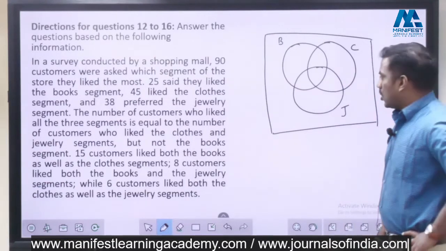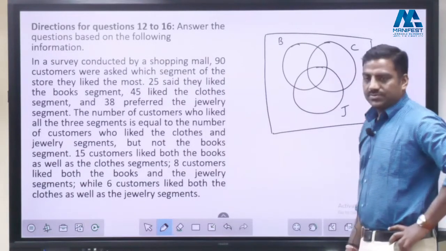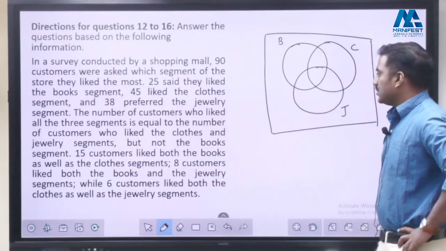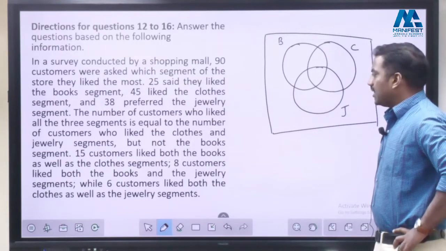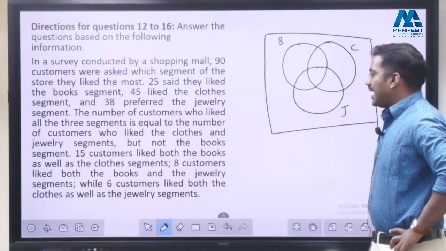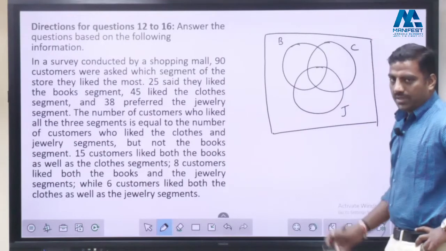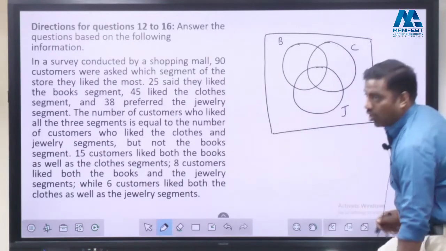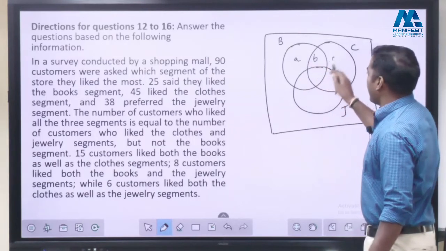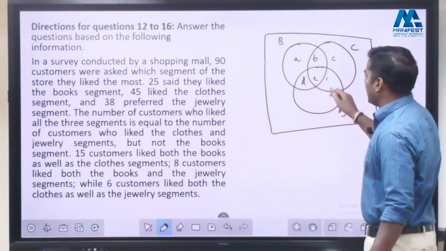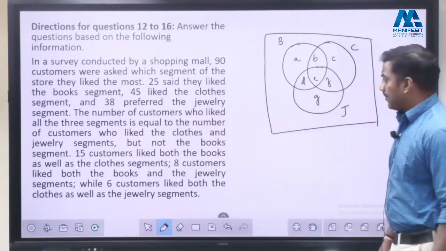But it is not. The number of customers who liked all 3 segments is equal to the number of customers who liked the clothes and jewelry segments, but not the books. It is a very long statement. I'll take this as A, B, C. You don't write, it is just for illustration; you can fill the blank later.